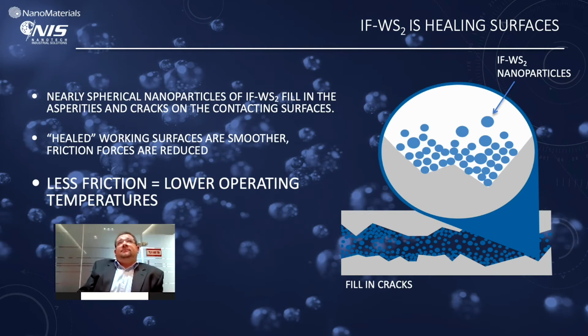Basically, as we discussed, the nearly spherical particles are small. They are submicron or nano-sized, and they're able to fill the cracks in the contacting surfaces. When researchers saw these spherical particles, they saw the possibility of using them like nano ball bearings.